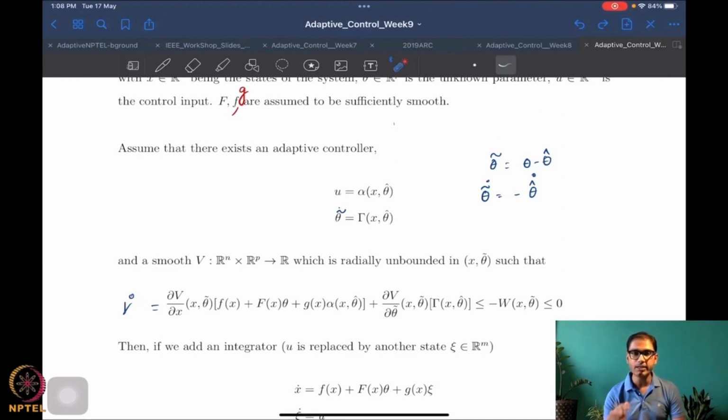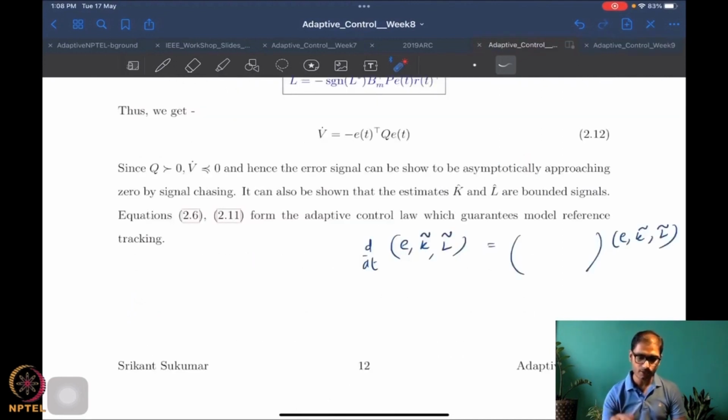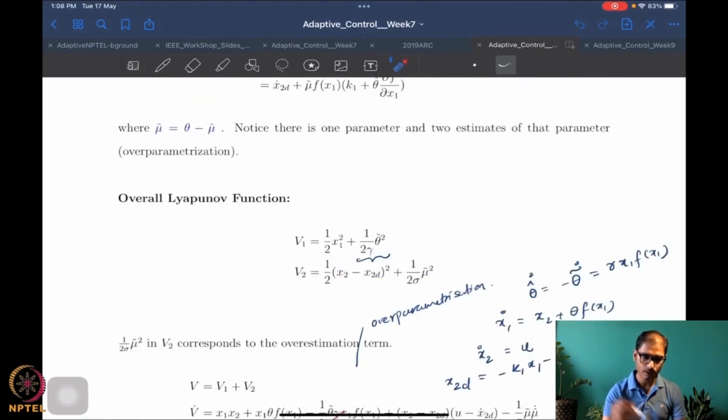Then we go on to add an integrator, but before we do that, I want you to compare this with our system here.